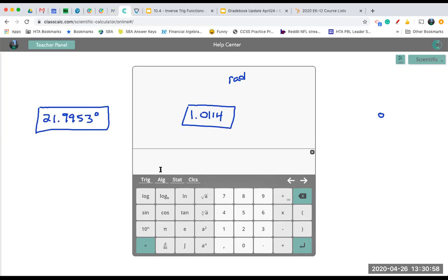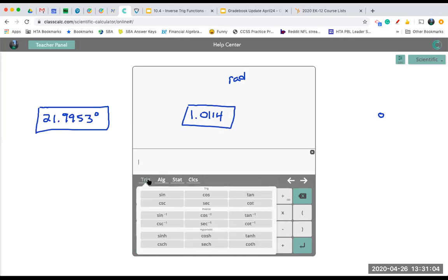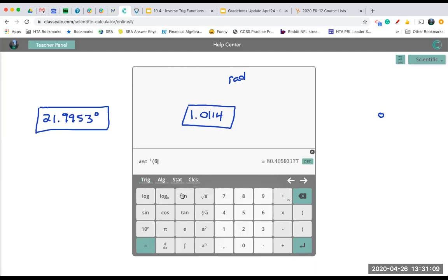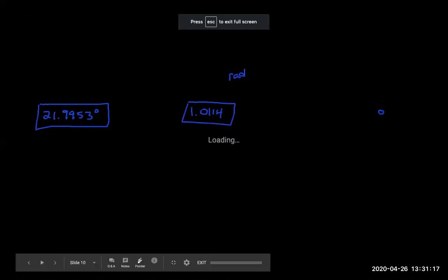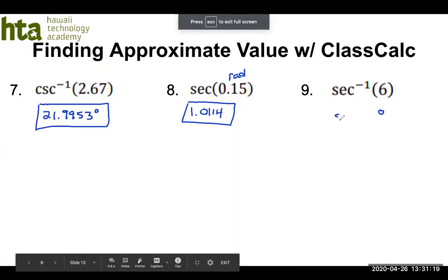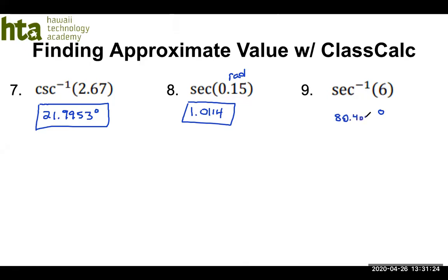So we are finding the secant inverse of 6, and we get 80.4059 degrees. All right, that is our answer.